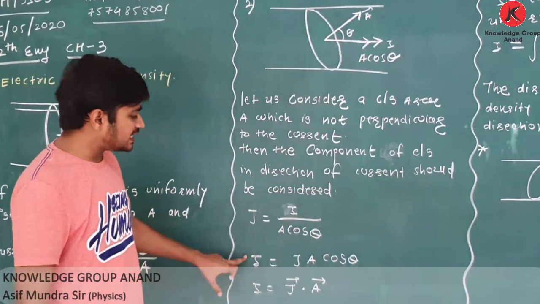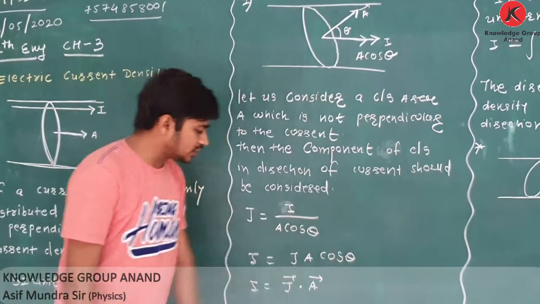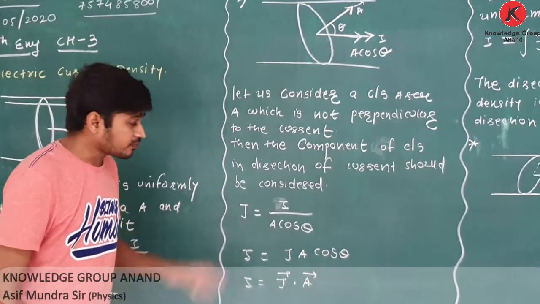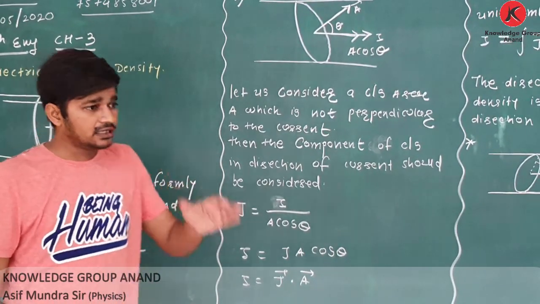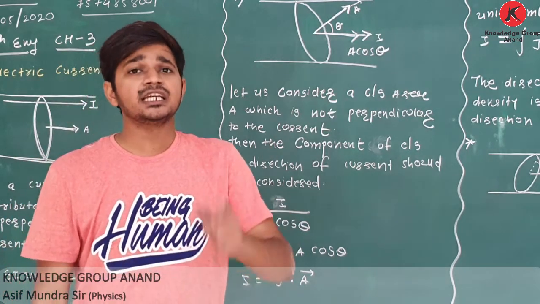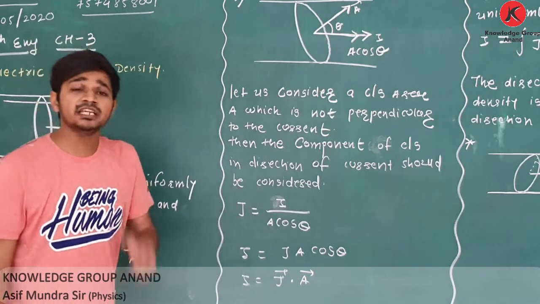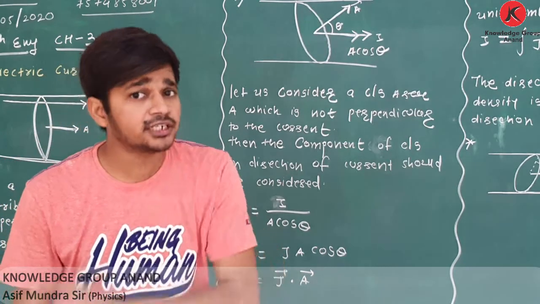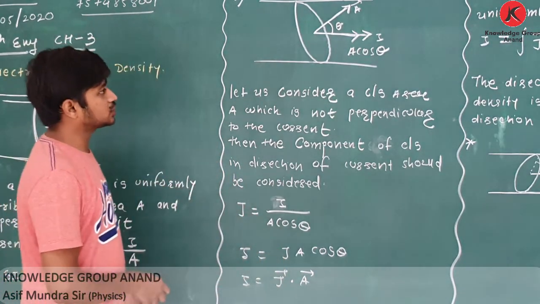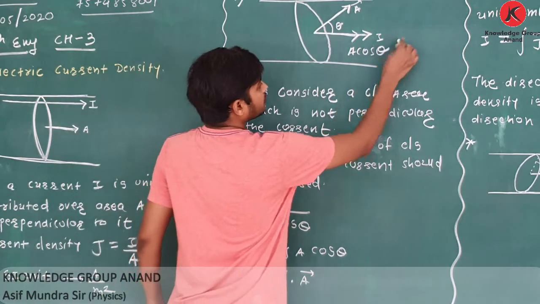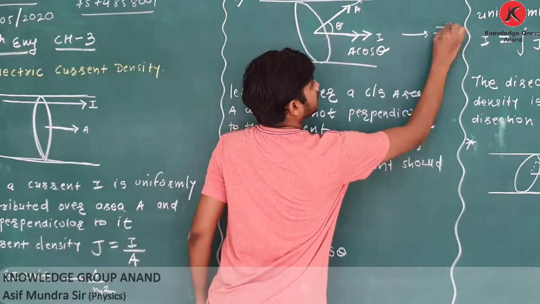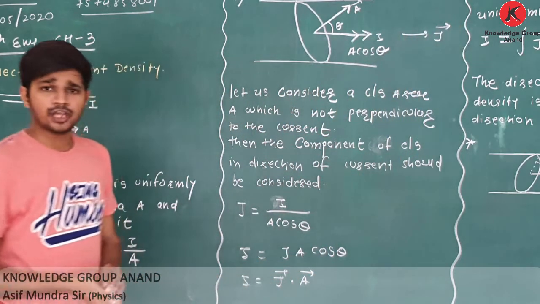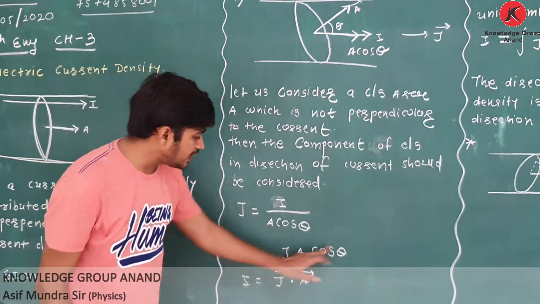If I make I the subject, then I is equal to J A cos theta. J, electric current density, is a vector quantity, and its direction is in the direction of current. If current is in this direction, then it is the direction of current density.